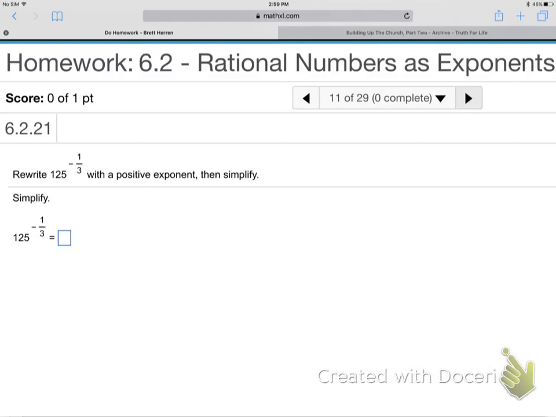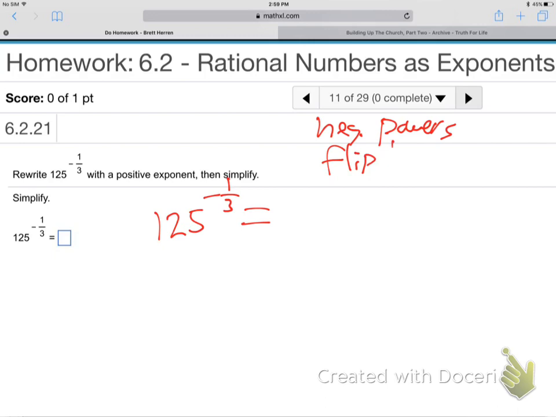So now we're going to have two things going on. Negative powers and fractional powers. Okay, first off, remember what negative powers do? So this is going to become 1 over 125 to the positive 1/3. So remember that negative powers, this is a negative 1/3 power here. I don't know if I made that clear.